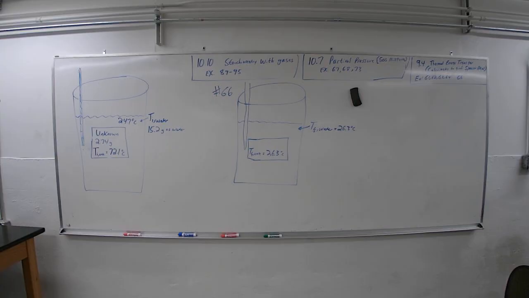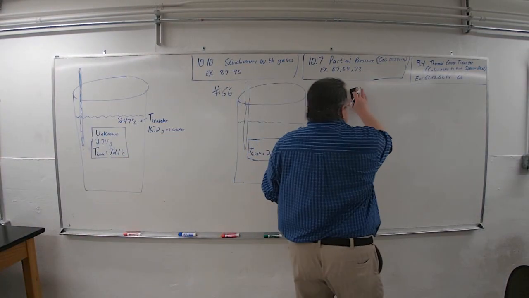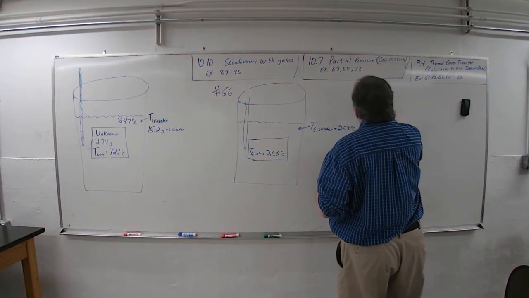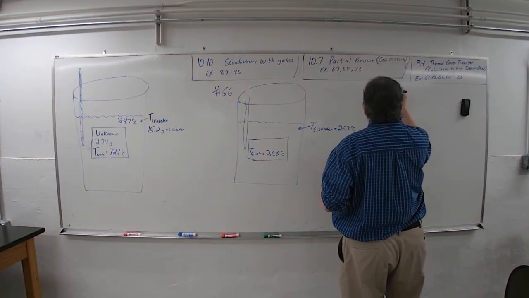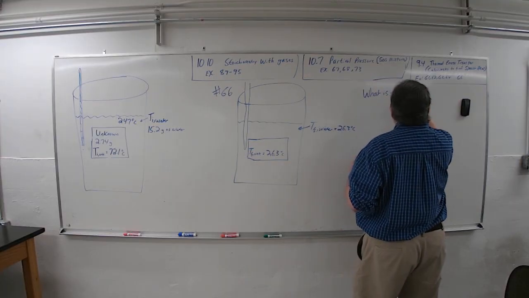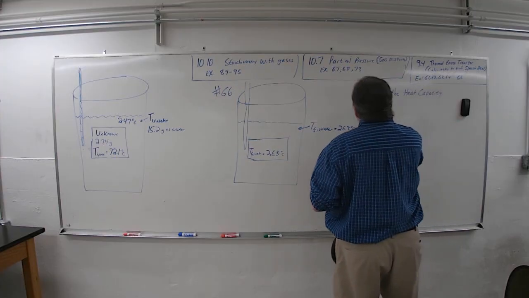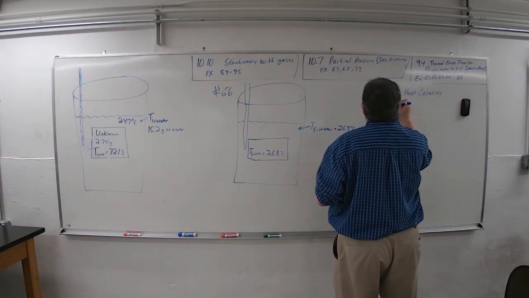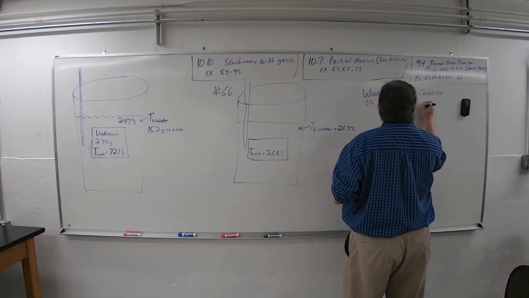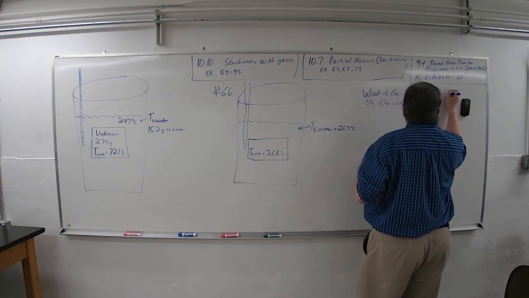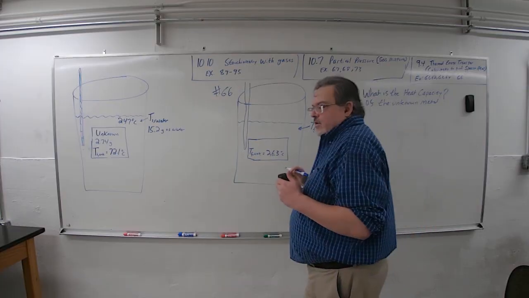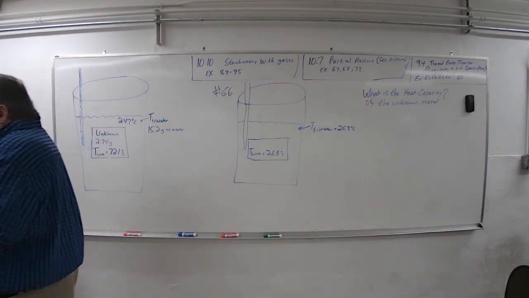This is what we're going to do in lab. We'll heat something up, put it down in a styrofoam cup, and we'd be measuring the temperature. All right, the question is, what is the heat capacity of the unknown metal? This is actually how you can measure the heat capacity.